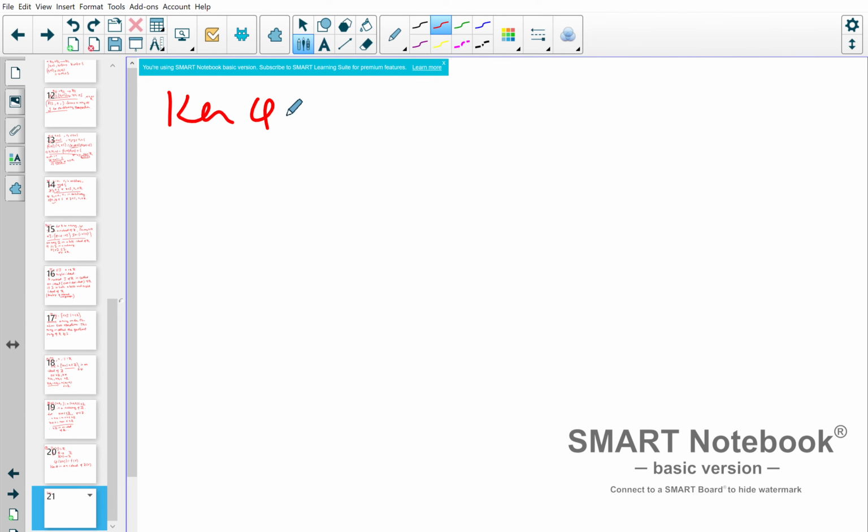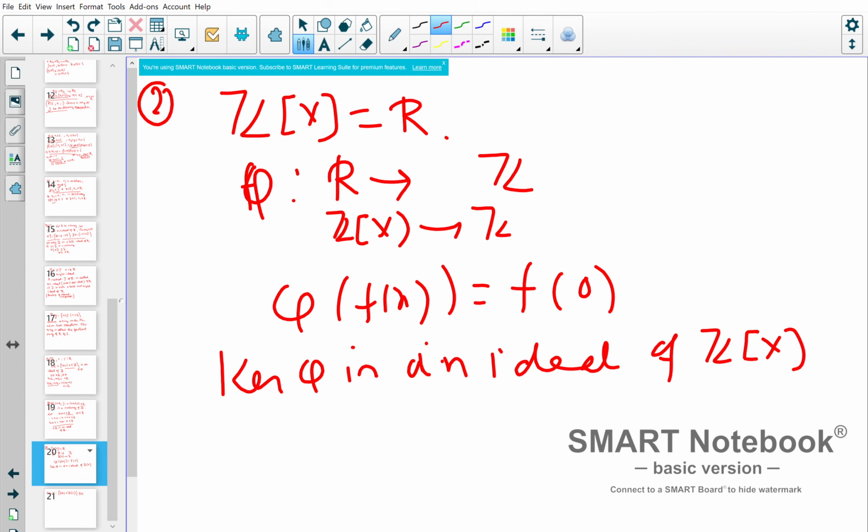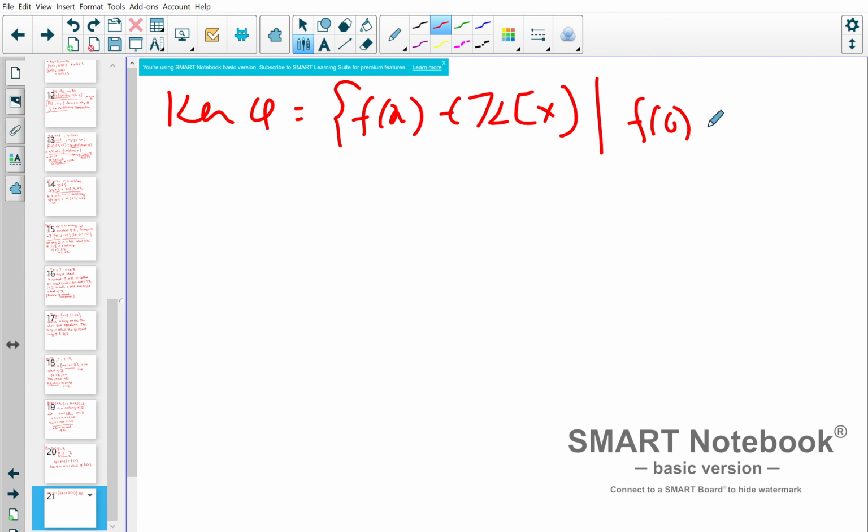Kernel of phi is all those f(x) belonging to Z[x] such that f(0) equals 0. That means there is no constant term, right? So what does that mean? That means the polynomials are multiples of x.